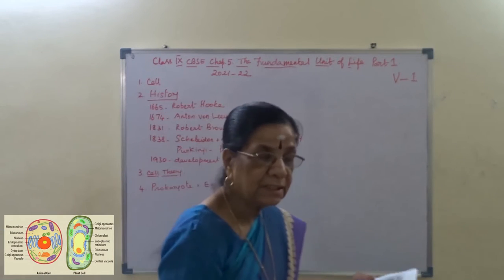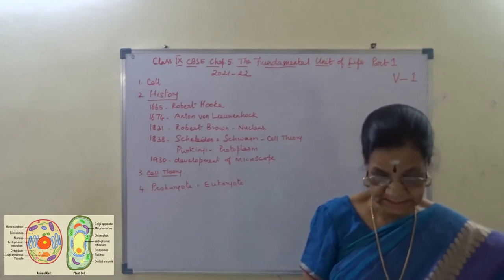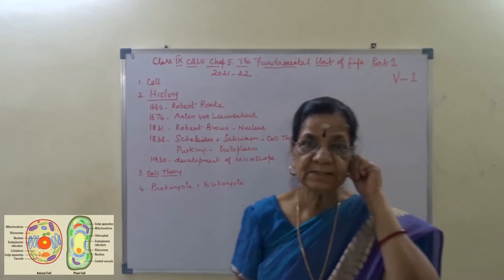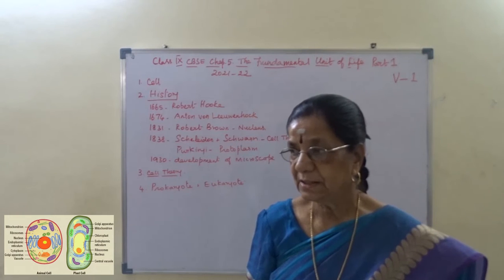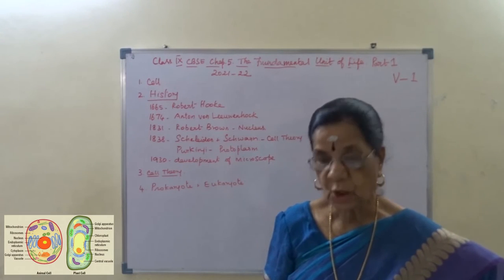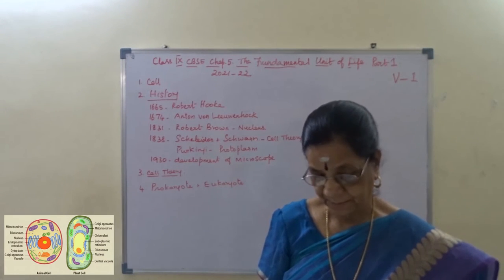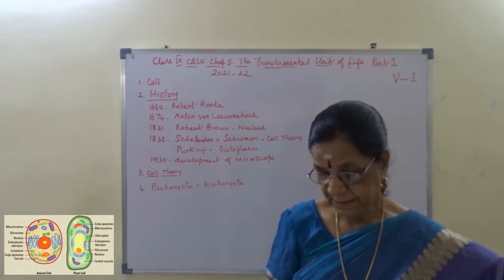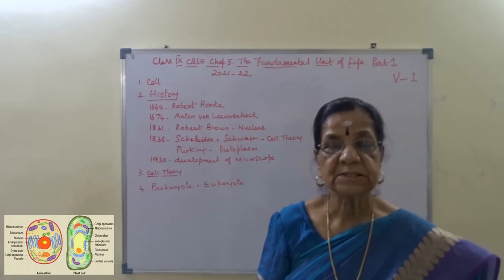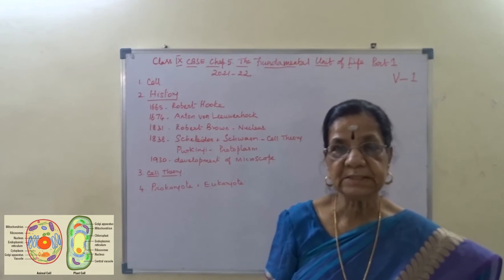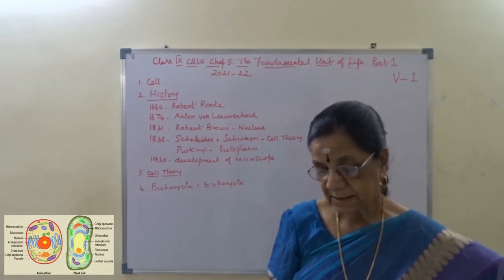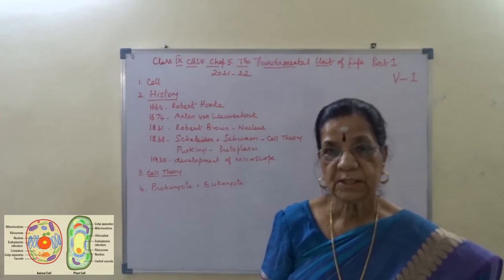Now the cell theory, what does it state? All living things are made up of cells. Cells are the basic unit of structure and function of an organism.